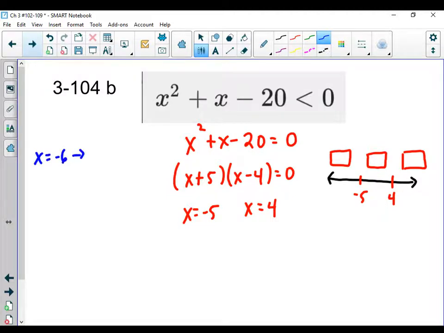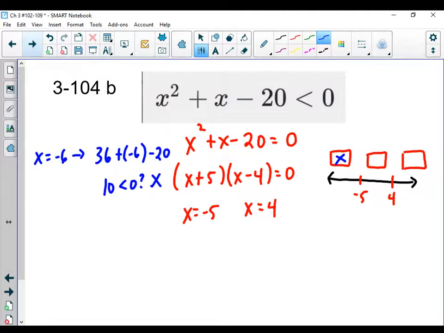And I plug that into my equation. -6 squared would be 36. Plus -6. And then minus 20. So in that case, I've got 30 minus 20, or I have 10. So the question is that less than 0? Obviously, it's not less than 0. So that means these values did not work.